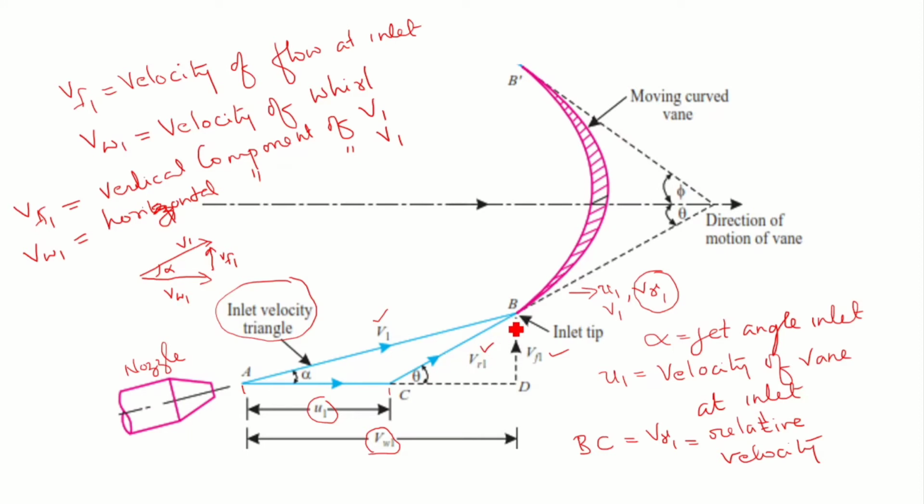AD represents Vw1, which is the horizontal component of absolute velocity, and BD represents Vf1, which is the vertical component of the absolute velocity V1.